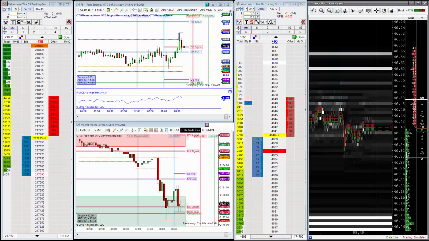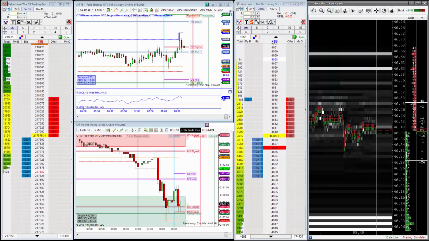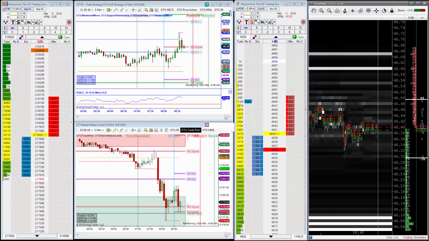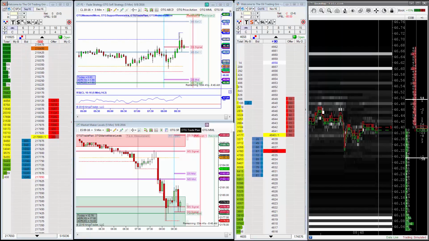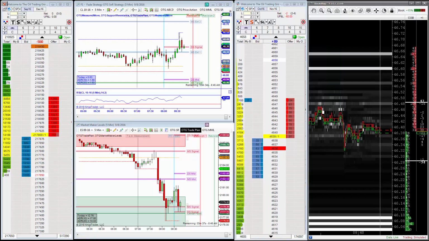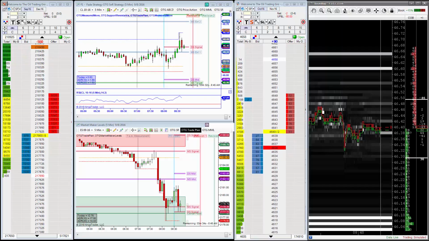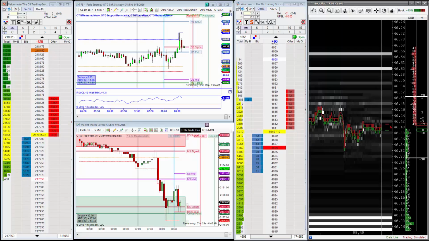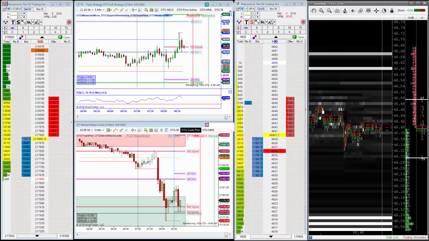Those disappeared though. Let's see if we can knife through 38, 37. That's your 38's your structure signal. Come on, 38, 37. Get back underneath.